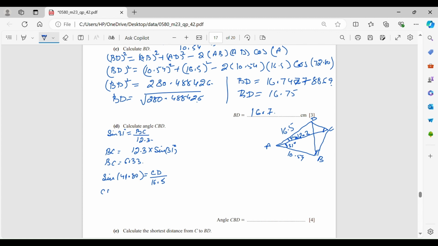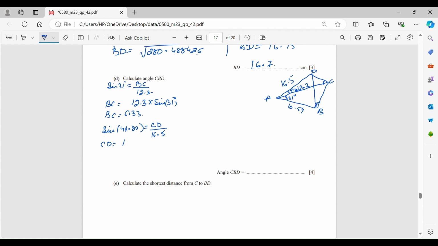So CD here will be equal to 16.5 into sine 41.80. So CD will be equal to, using the approximate value, 10.9977. So I will take CD as 11, right?